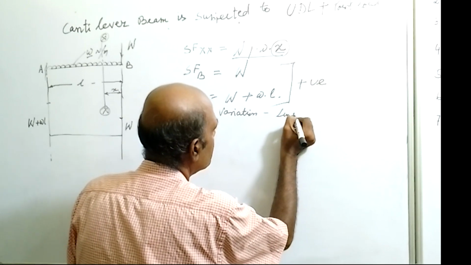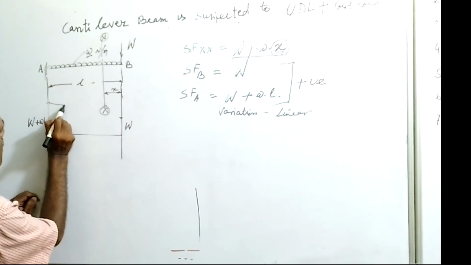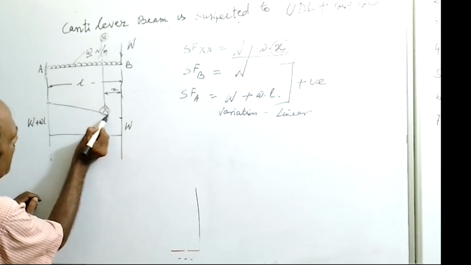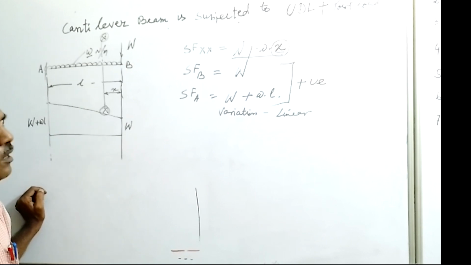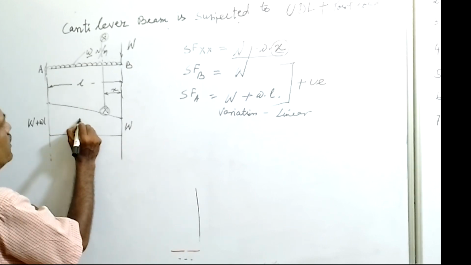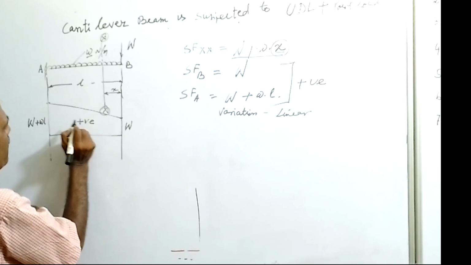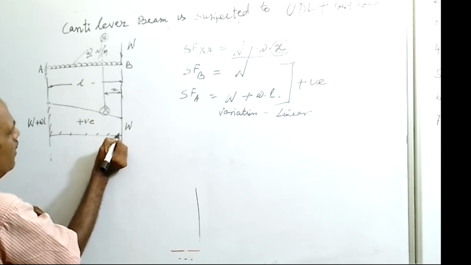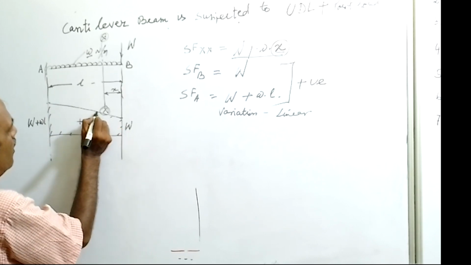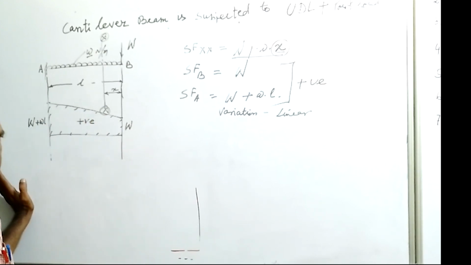So we draw a straight line from these 2 points. This will be the shear force diagram for this kind of loading on a cantilever beam. This is positive, so we put positive here and put the hatching mark. Okay, this is the shear force diagram.